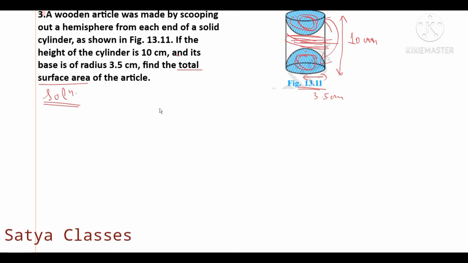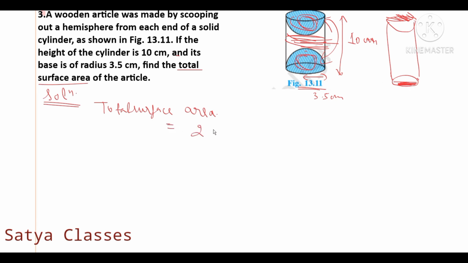Okay, so write the total surface area. Please be aware of this: as you make this scoop, you will not get any kind of upper surface. On scooping you are not going to get any kind of upper surfaces. Make yourself clear.